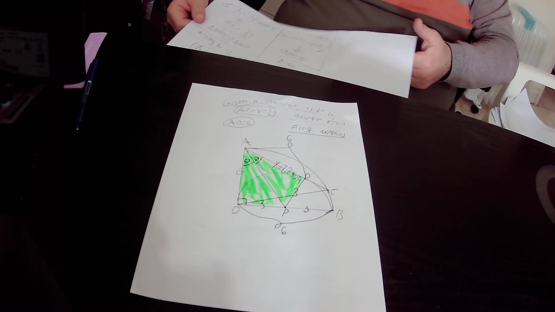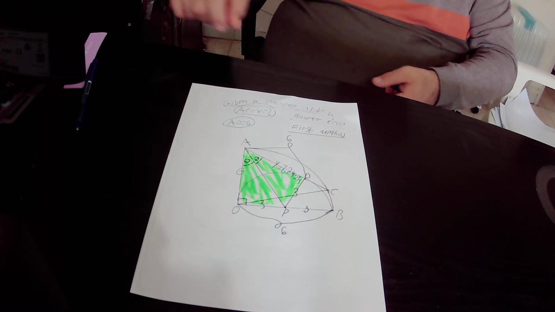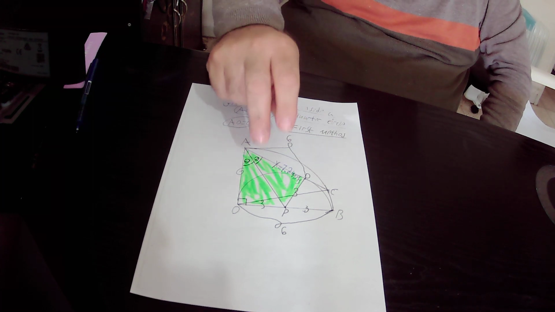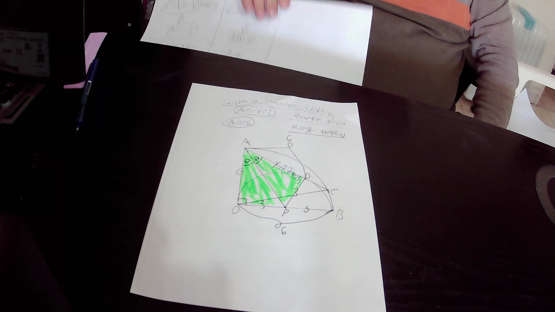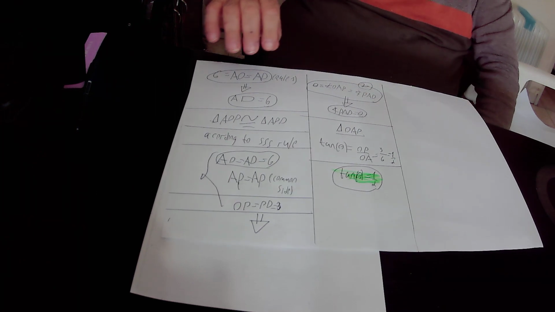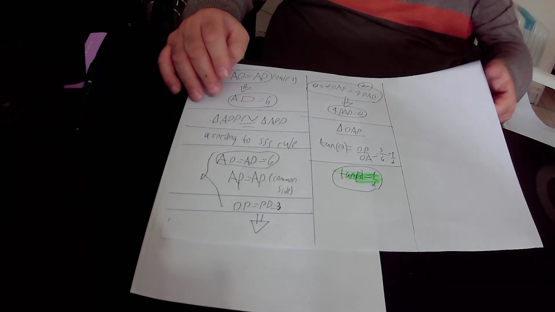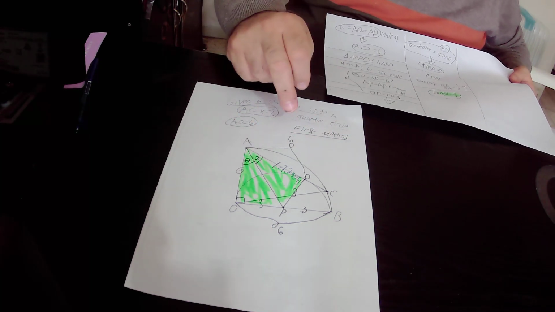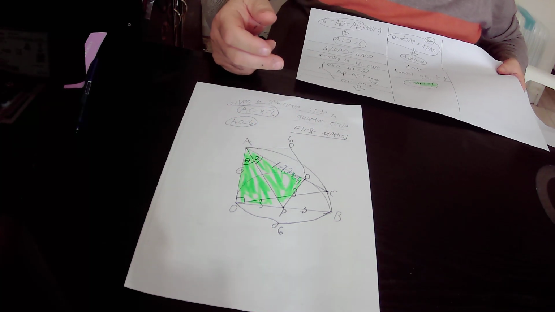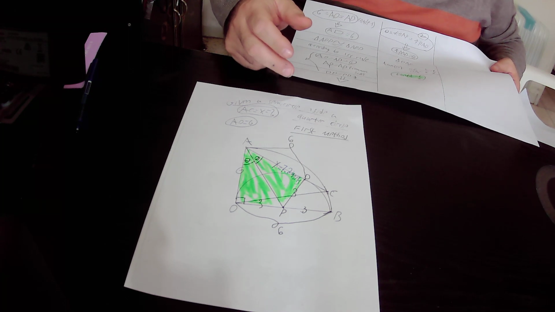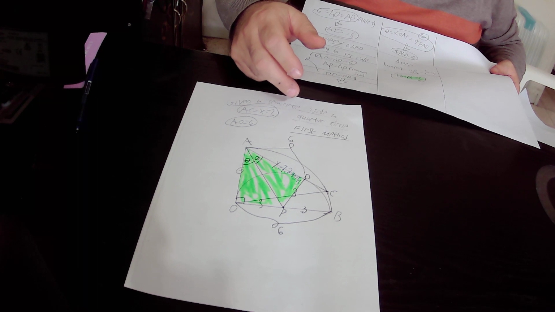In the next step, we proved that those two green right triangles are congruent according to the side rule. Why are they congruent? Here we have side AO equals side AD equals 6 units, according to rule number 1 that we have just found.